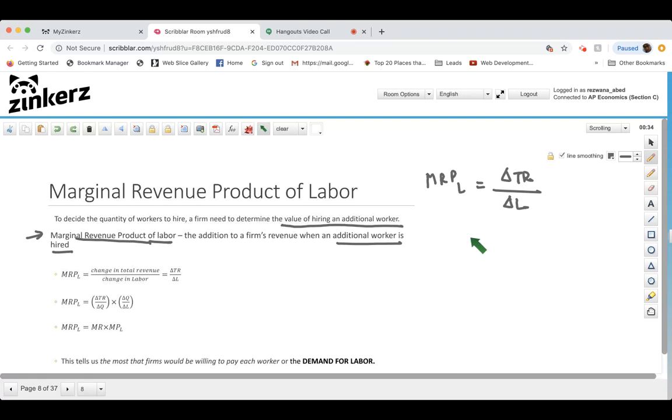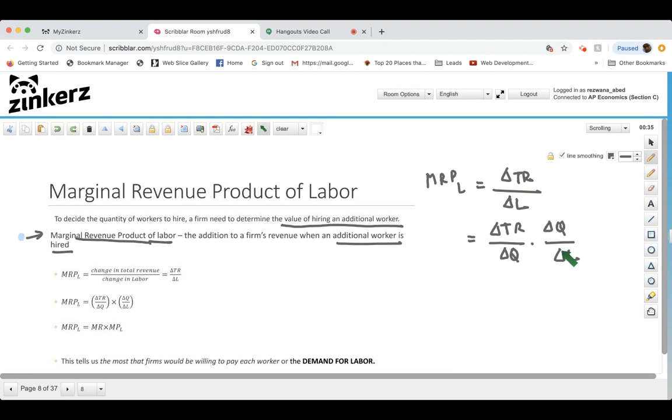And then if we manipulate this formula a little bit, I am going to divide by delta Q and then multiply by delta Q, in the numerator and denominator. They basically cancel each other out, so I still have the same terms that I started with.